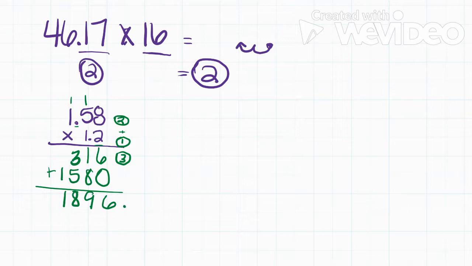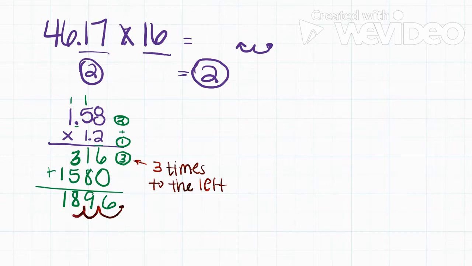So I'm going to take, let me do a different color, my decimal, and from the sum, I know I'm going to have to move it 3 times to the left. So I'm going to say 1, 2, 3. My answer is 1.896.